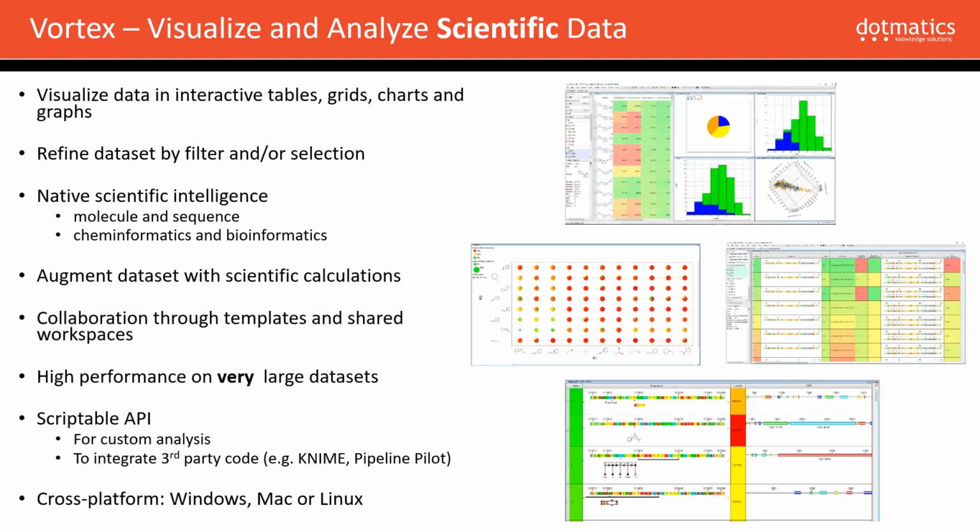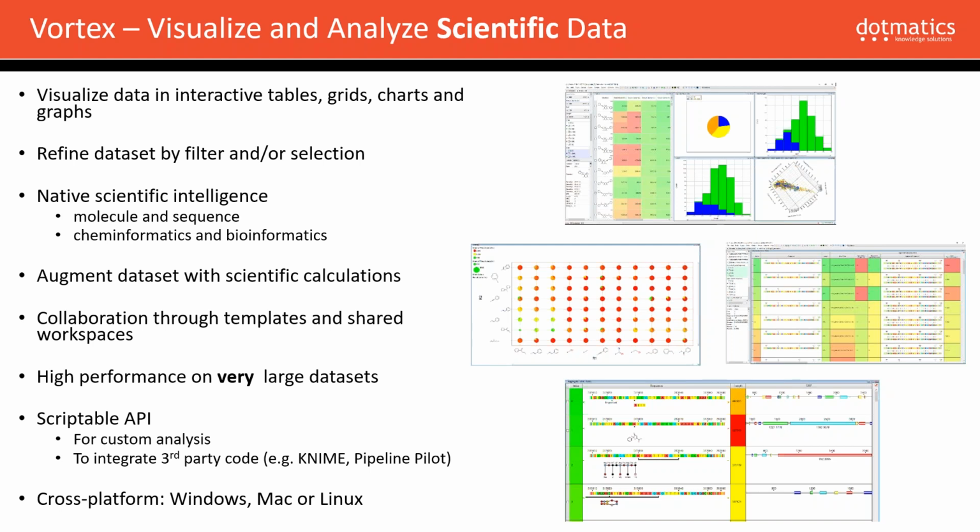As an introduction to Vortex, what is Vortex? Well, as Tina said in the introduction, it's a product to let you visualize and analyze scientific data. At the core of the product is the visual display that you see in the top graphic there, with interactive tables and grids of data, and then connected charts and graphs to let you see different views on that data.